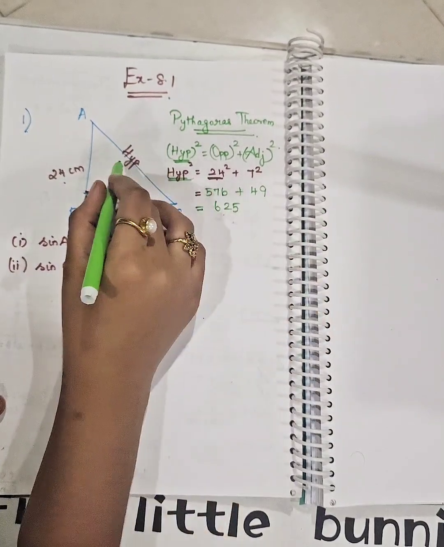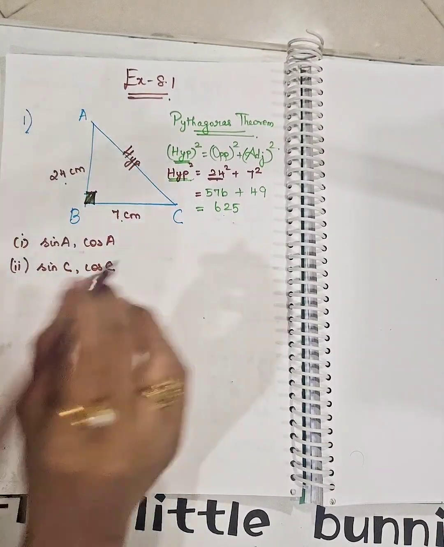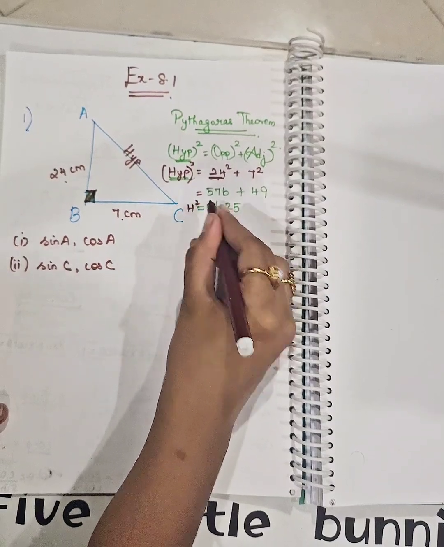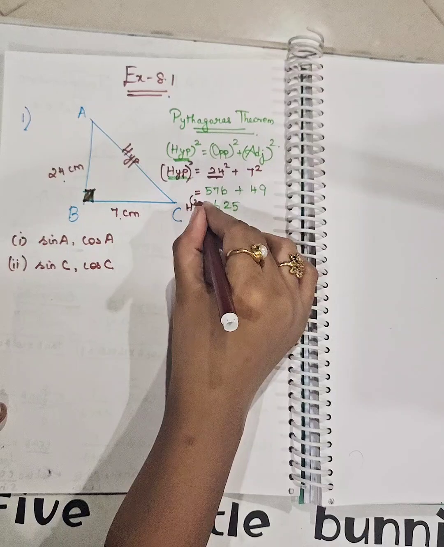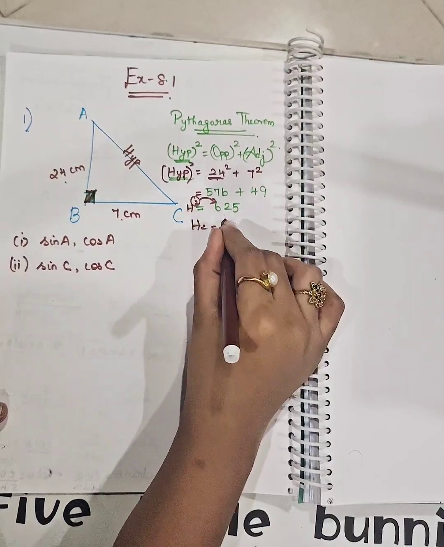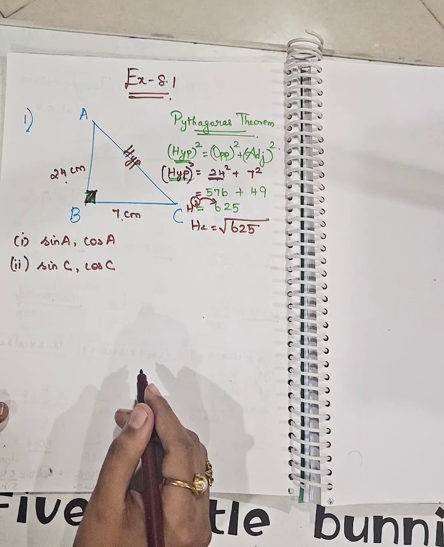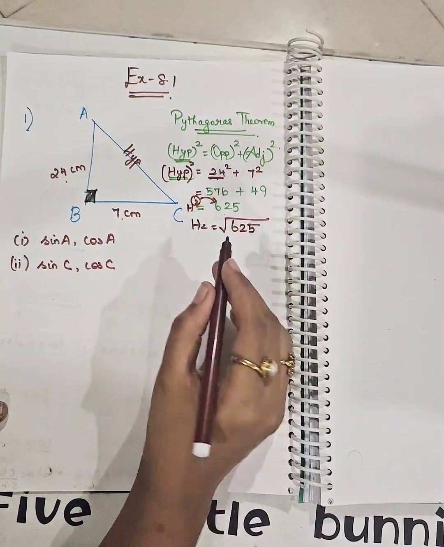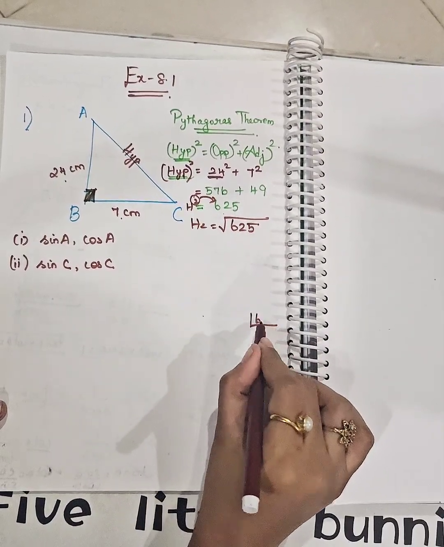So is this the hypotenuse side? No, this is not the hypotenuse side. This is hypotenuse square. So hypotenuse square is equal to 625. So what is the hypotenuse? The square will go here and become square root. Square root of 625. So how to find the square root? Already in previous smaller classes we would have learned this.